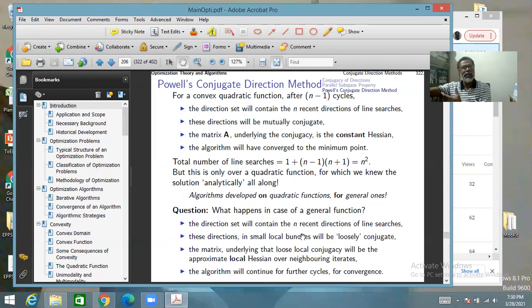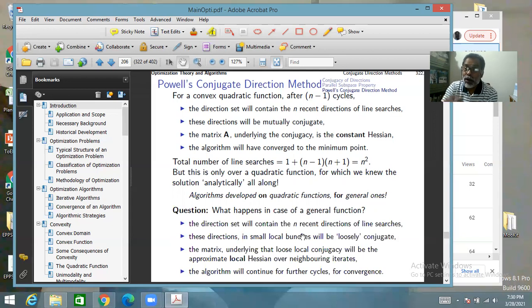In another neighborhood, say directions 12, 13, 14, the Hessian would have changed. So the directions there would be loosely conjugate around that approximate Hessian.